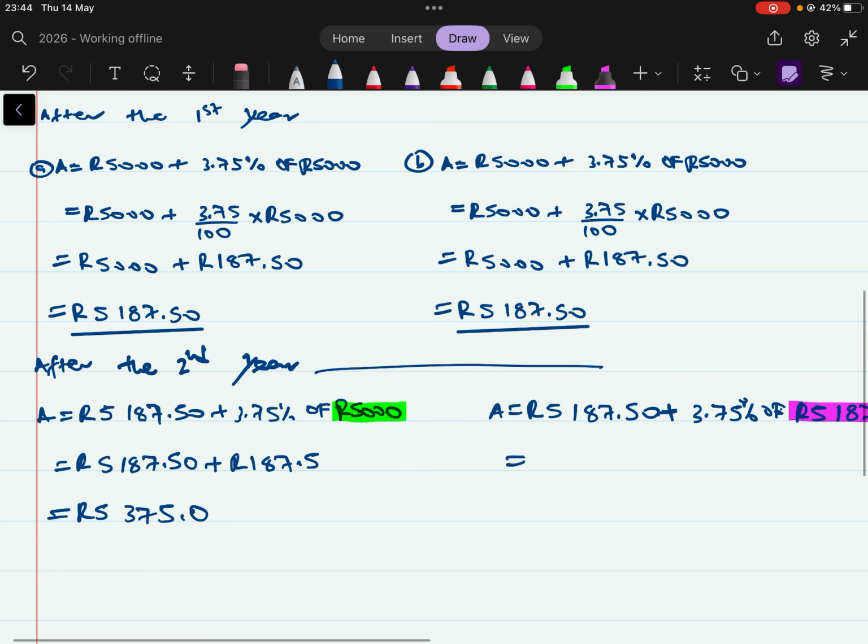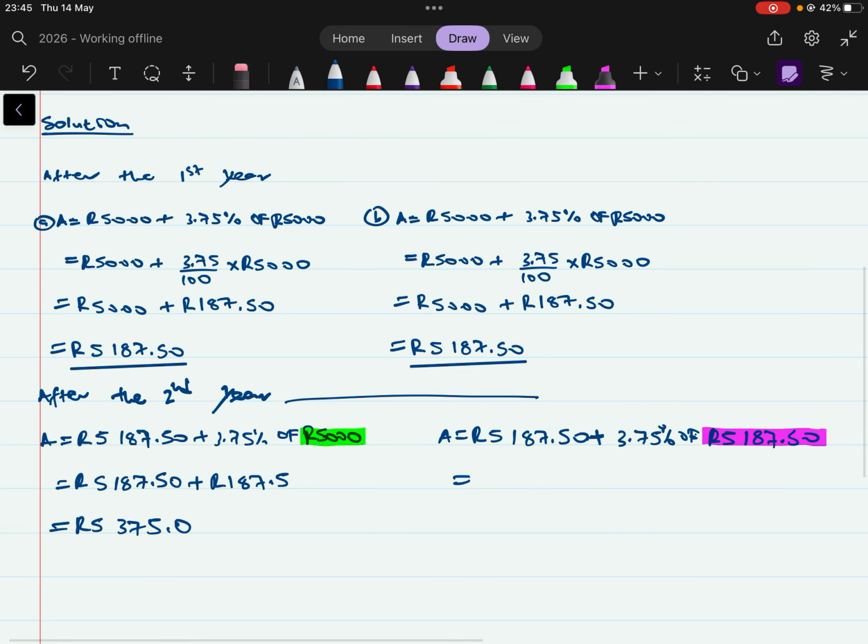Okay, I hope you now get to understand the difference between compound and simple interest. And look at these values. They become 5,187.50 plus, what is 3.75%? Definitely more than 187. 3.75% of 5,187.5. Okay, that is 194.53.